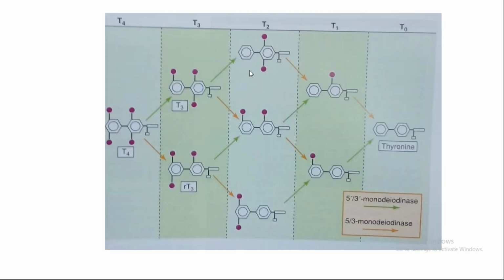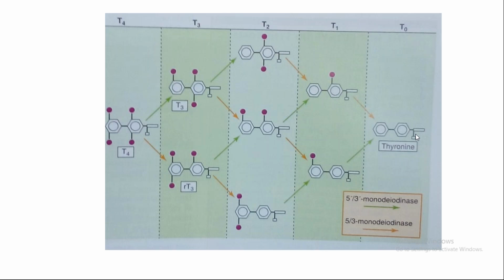Yes, this is the deiodinase enzyme. This is the structure of T4. Here you can see the deiodinase enzymes. The deiodinase enzyme removes the iodine from its binding sites and makes T4 into T3. Then T3 is again converted by deiodinase to T2, and then another deiodinase enzyme converts T2 to T1 and ultimately thyronine.